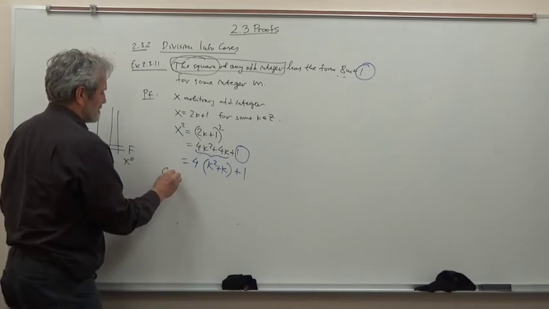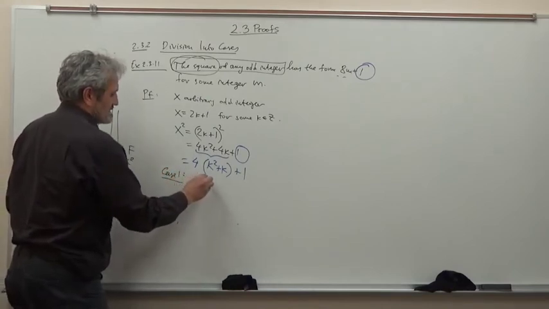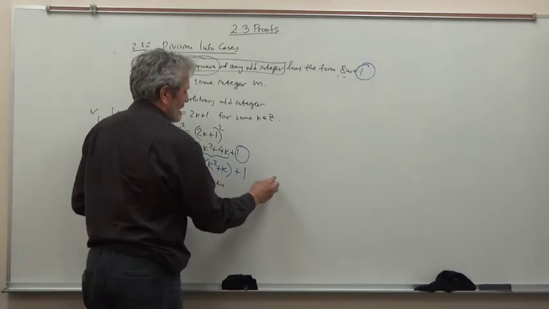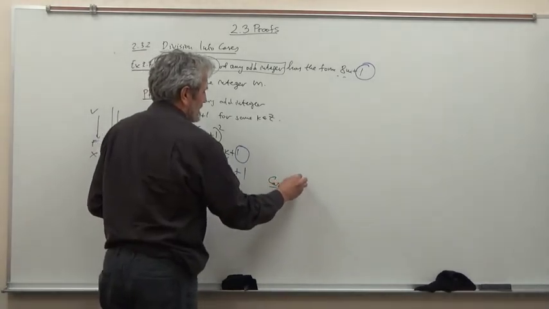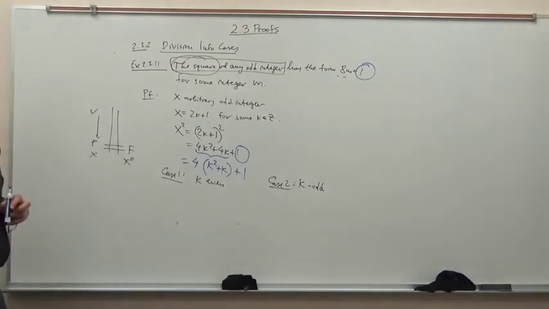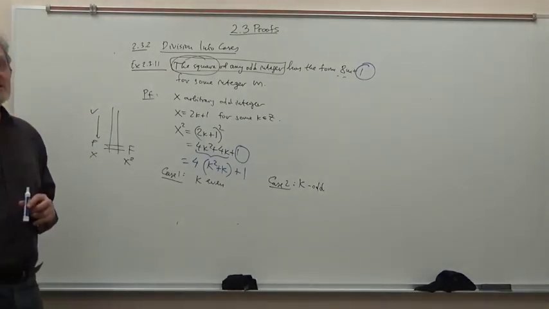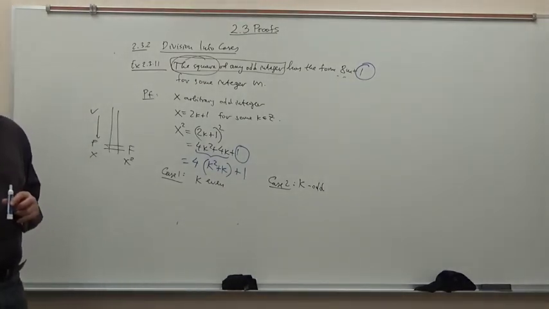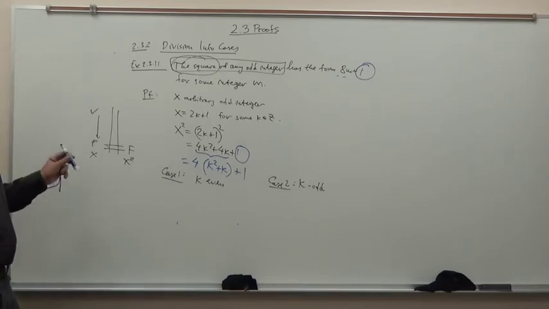So case 1, k is even. Case 2, k is odd. And there is no third case, so generally these cases need always to exhaust all the options. So these are the only 2 cases, there's no third case.